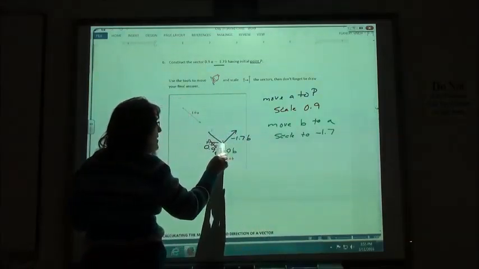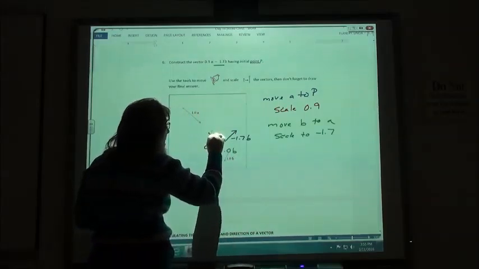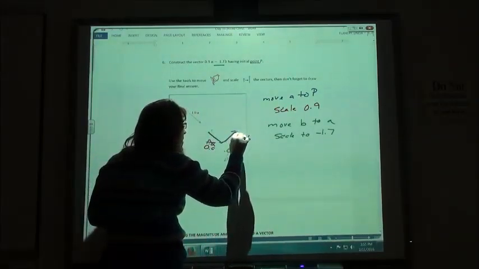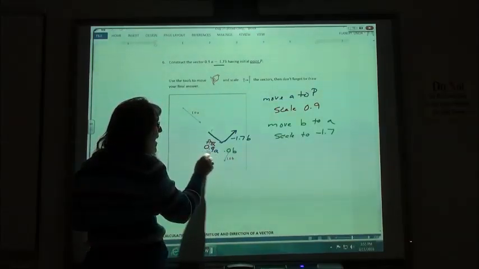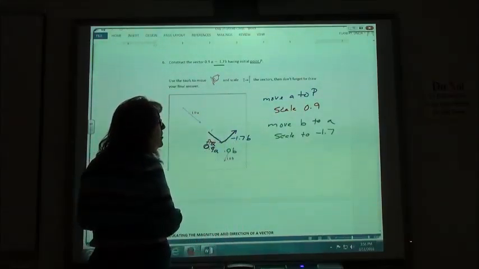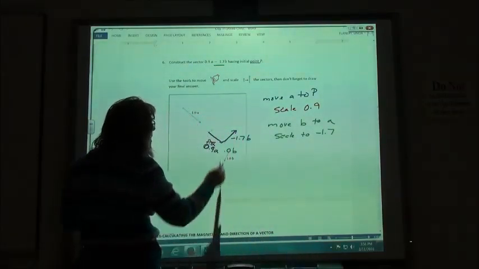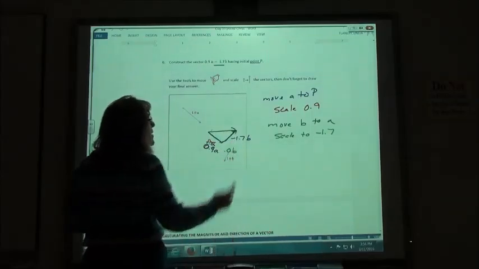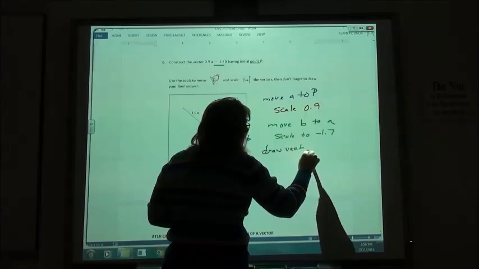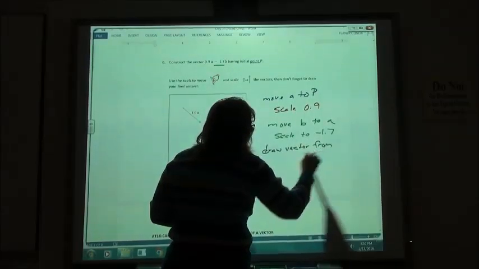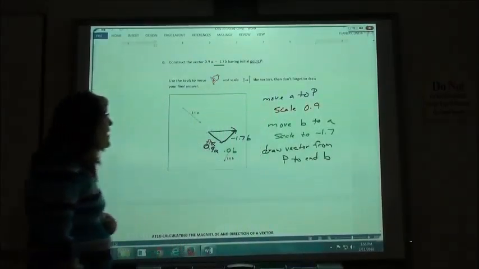So again, you won't see this bottom part because you pushed it backwards. You'll see A going to here, B going to here. This is going to be labeled 0.9A. This is going to be labeled negative 1.7B. Once I have those two vectors, I'm just going to draw from P to the end of B. And that's how you do those.